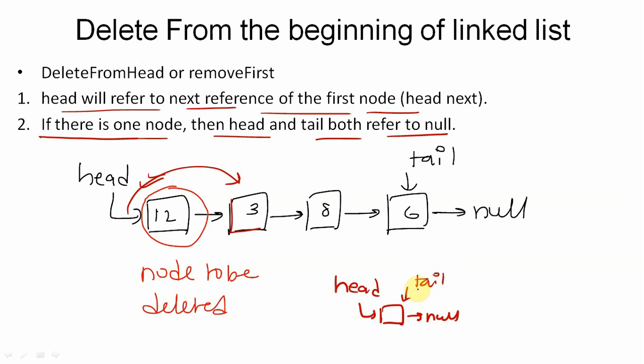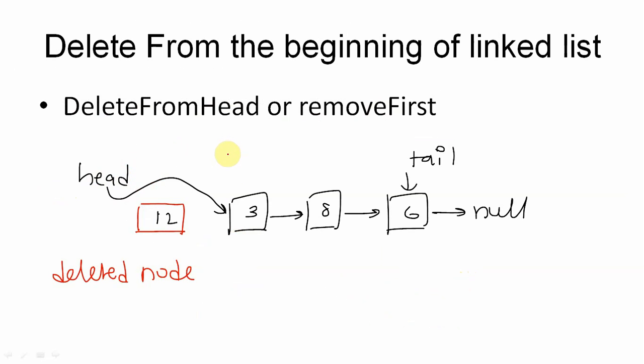Delete from tail or remove last. Now if I want to remove this particular node, what do I have to do? To delete from last, we have to traverse. Now as opposed to add last, we have to traverse from head and reach the node before the last node. Means now we have to reach this particular node. Why?